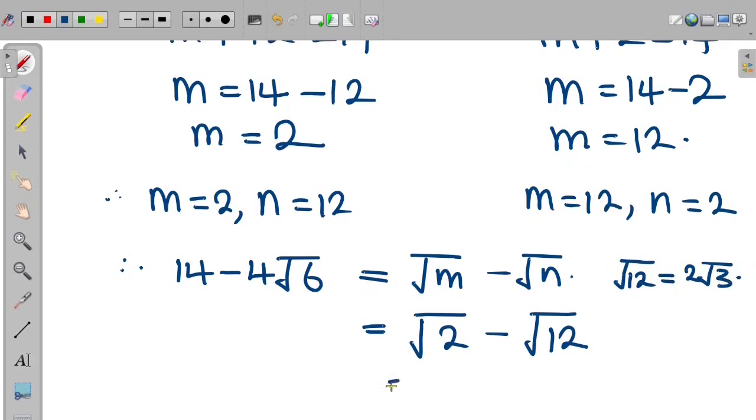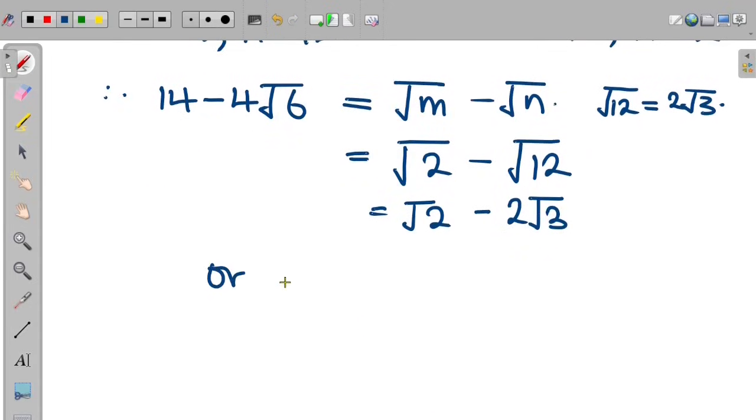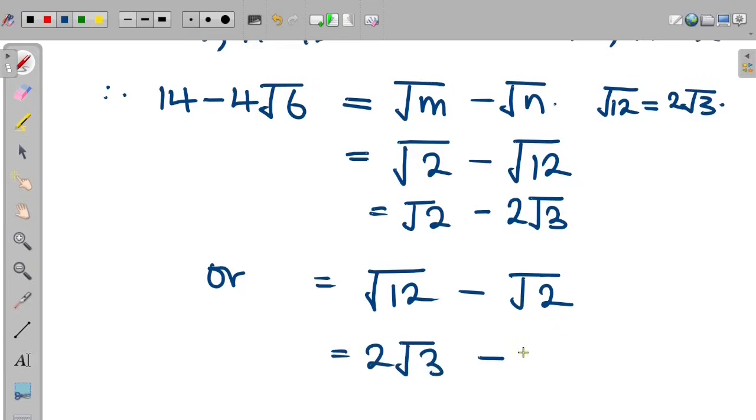So therefore, this becomes root 2 minus 2 root 3. Or we have it that this is giving us root 12 minus root 2, and recall that root 12 is simplified to be 2 root 3. So this becomes 2 root 3 minus root 2.